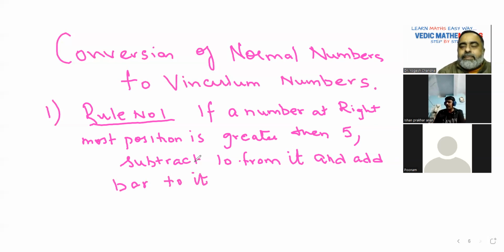I'll give you examples. This is the condition: if the number at the rightmost position, that means the unit place, is greater than 5, subtract 10 from it so that we get a negative answer, and add a bar. Since we are getting a negative, we add a bar to it.